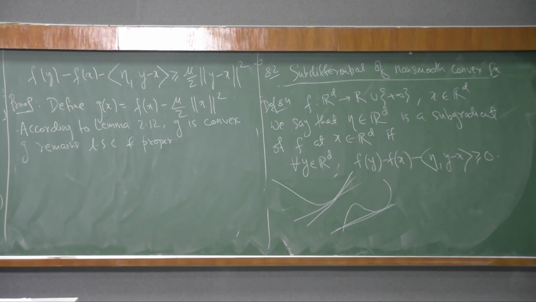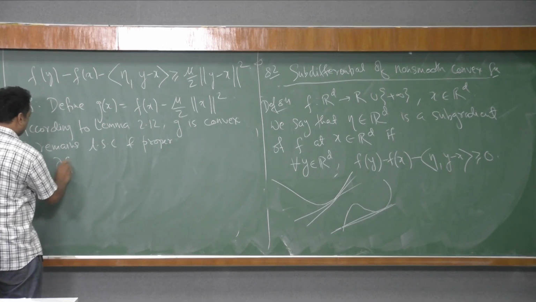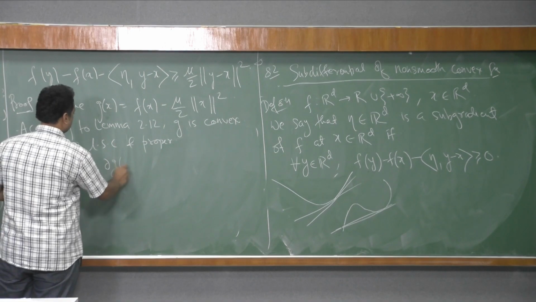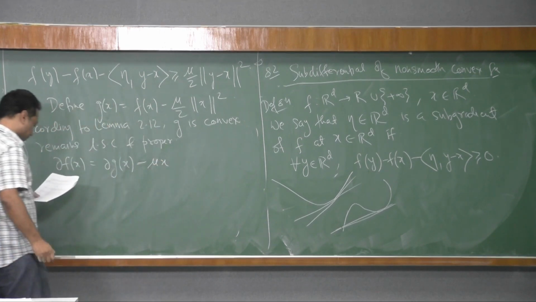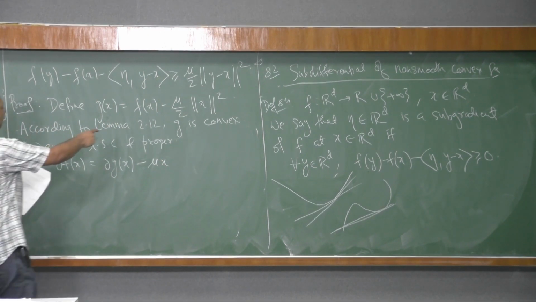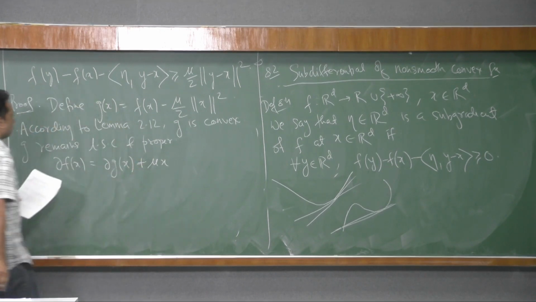And according to the sum rule, we can also look into the subgradient of f. The subgradient of f will be the subgradient of g plus mu x, because the derivative of the quadratic is mu x. So the subdifferential of f at x is del g(x) plus mu x, since f is g plus the quadratic.